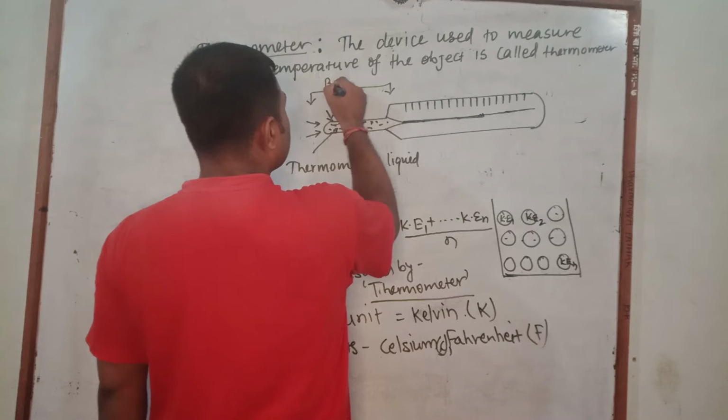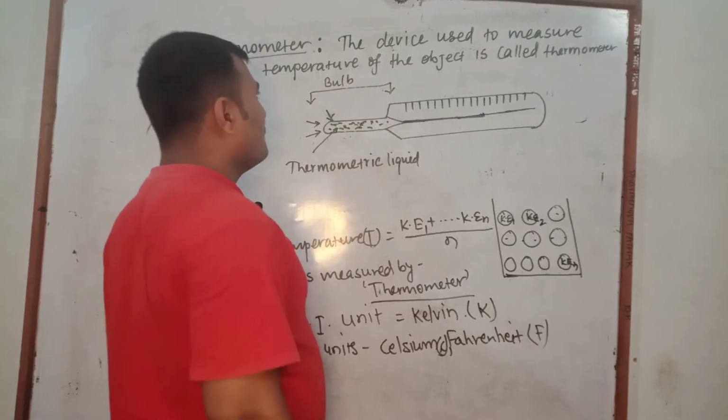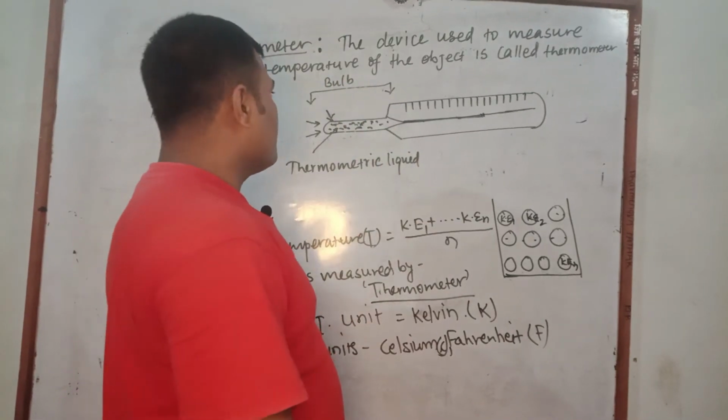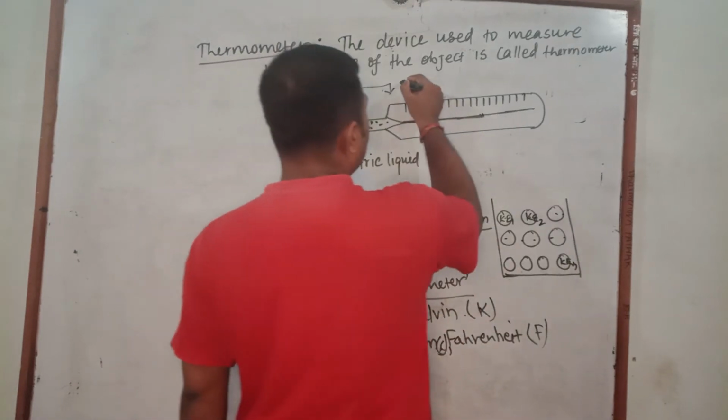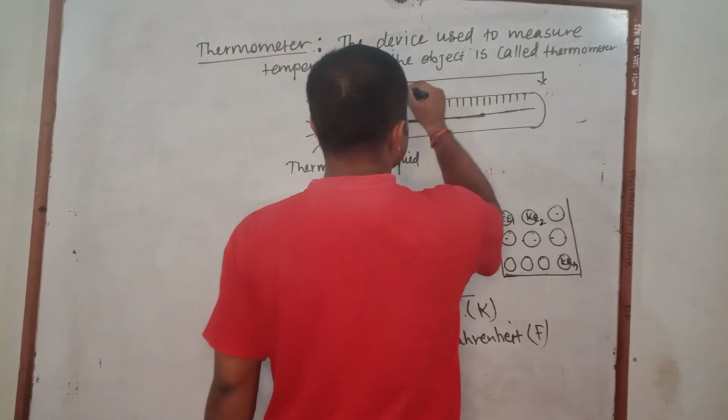The part which is filled with thermometric liquid is called the bulb, and the narrow part is called the stem.